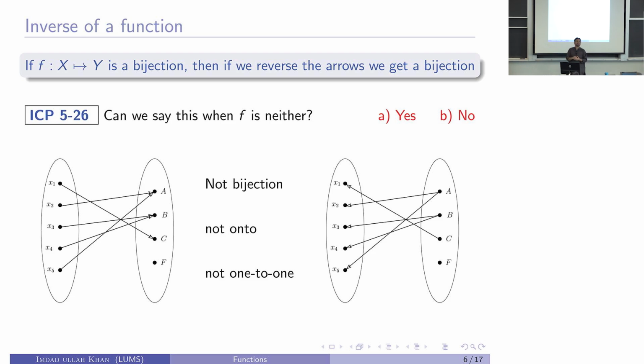The reverse arrow, yes please. No, this is f. If f is this function and I reverse the arrows, can we say that we will get a bijection or a function?